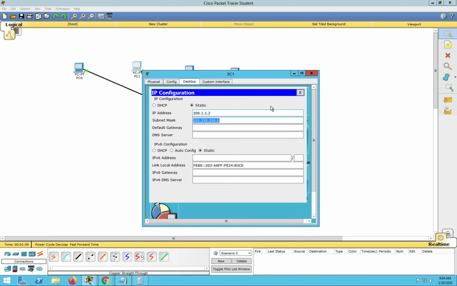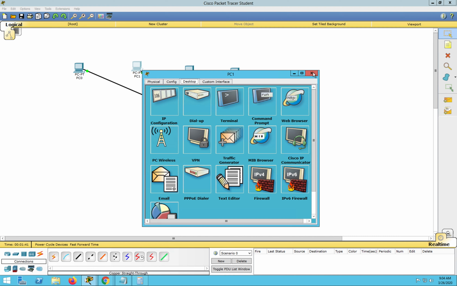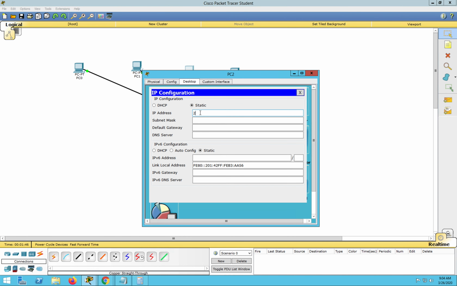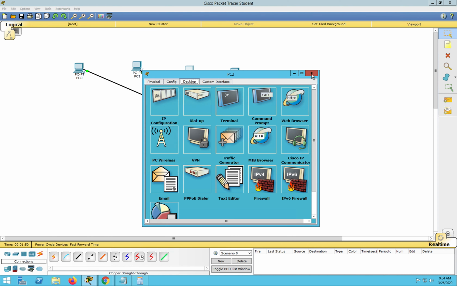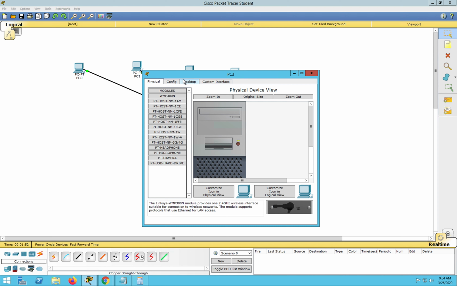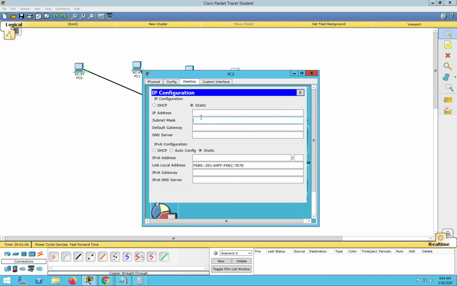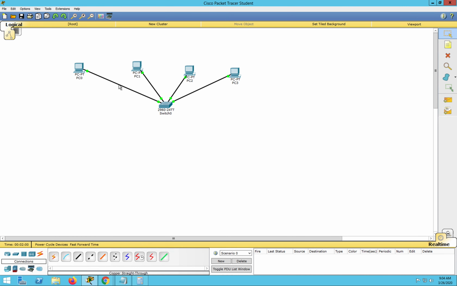Again, I'll leave that network mask as its default for right now, but over here, I'm going to pick up the number 200.1.1.17. Again, I'll leave that same network mask, and this one here, we'll set it up as 200.1.1.18, also with its standard mask.